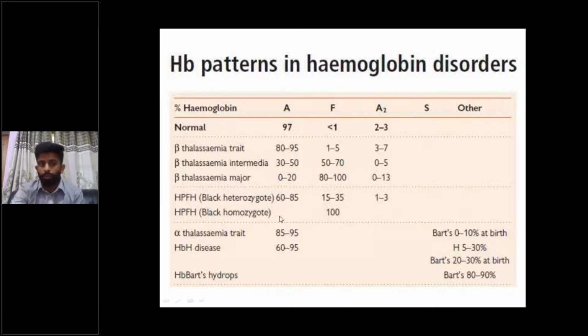Black homozygote contains 100% F. In alpha thalassemia trait, they'll have 85 to 95% of A, and that is the only hemoglobin that is present over there. In HbH disease, there'll be 60 to 94% of A, and in Hb Bart's hydrops, A is completely absent, so there'll be death in fetal life.